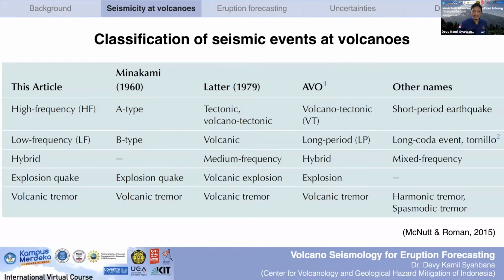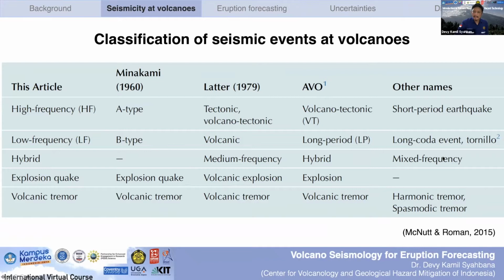Later, in 1979, Latter made another classification in which the high frequency events are called volcanotectonic, and the low frequency events are called volcanic. So if you say volcanic earthquakes, it means low frequency earthquakes in Latter's terms. Hybrid is a medium frequency event, also by Latter. The explosion quake is volcanic explosion, and volcanic tremor is volcanic tremor.